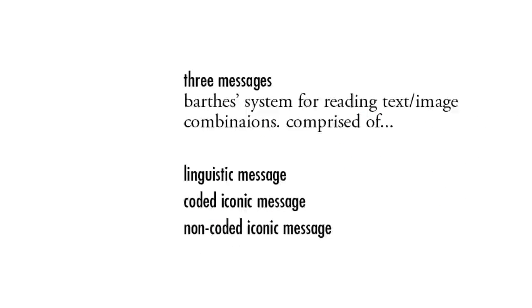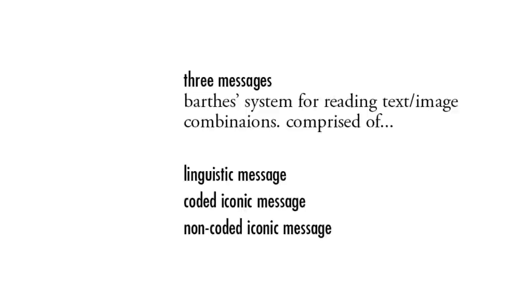So going back to Barthes for a little bit, he offers three pieces of a system for decoding and unpacking a message. He has the system for reading text and image combinations, and he says that they're generally comprised of three pieces: the linguistic message, the coded iconic message, and then the non-coded iconic message.